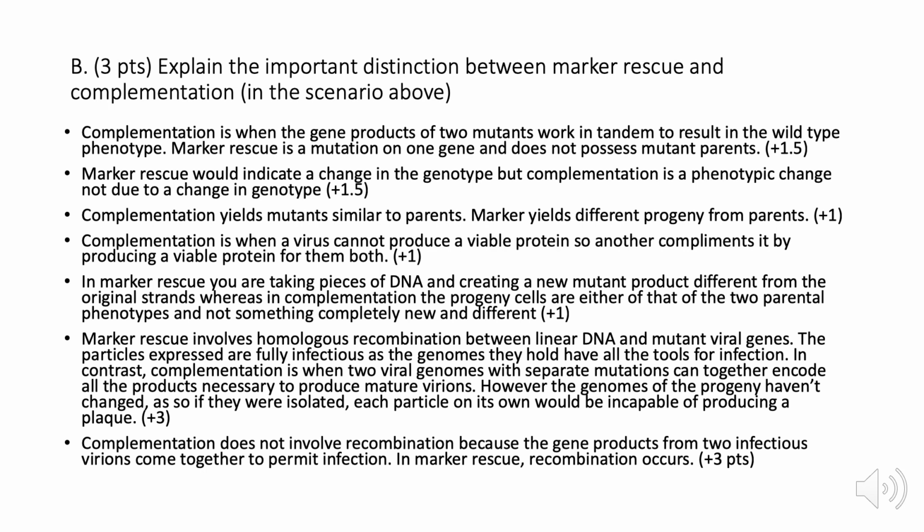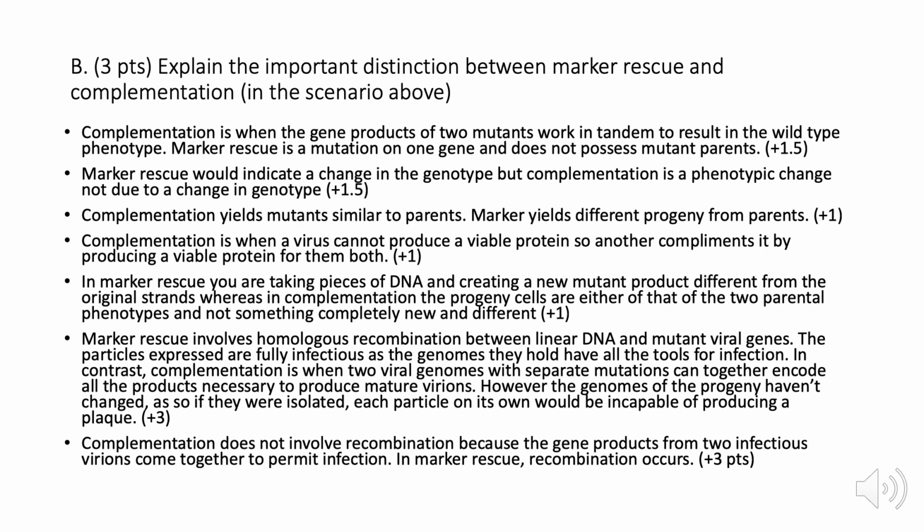Whereas in complementation, the progeny cells, we're not talking about cells, so that's an imprecise word, are either of the two parental phenotypes and not something new and different. So that's kind of getting at it, but it's not explaining what's really happening.